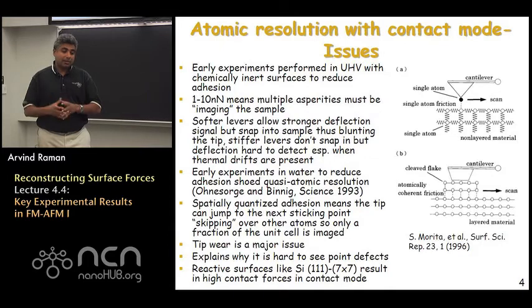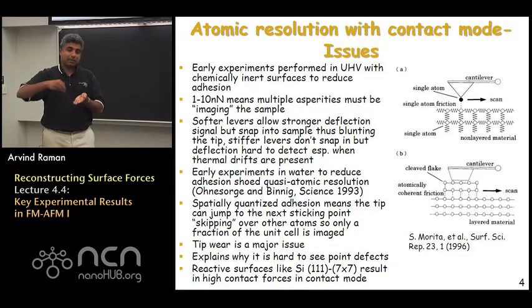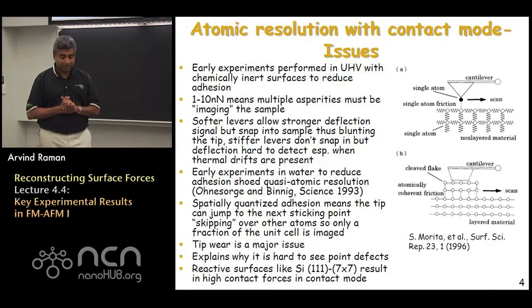So when this process happens, one would expect not to actually see the actual height of the sample, but rather some sort of a convolution of this stick-slip mechanism, which could very easily mask the presence of point defects in the sample, which would then lead to atomic periodicity in the images that was due to the stick-slip events rather than to the actual topography of the sample.